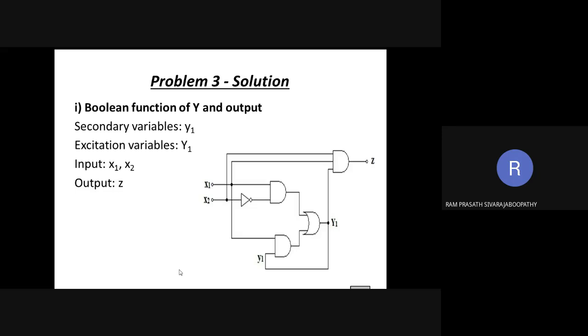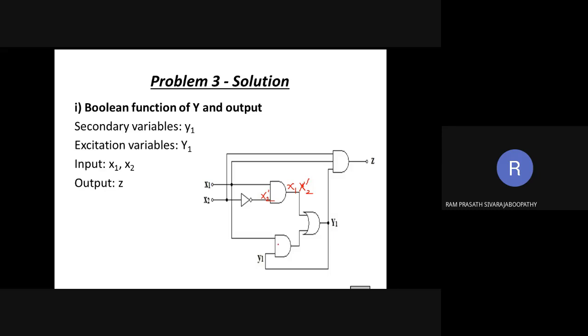Yes, Sabarish typed capital Y1 is equal to X1 X2 bar. Here you can see, so this Y1. Here we are having X1, and here we are having X2 complemented value. So X1 X2 bar is one of the inputs to the OR gate.